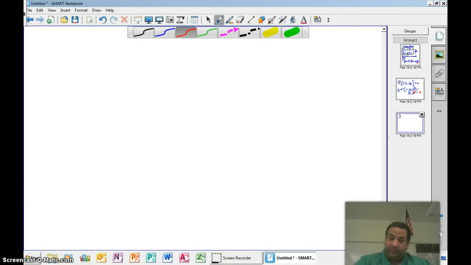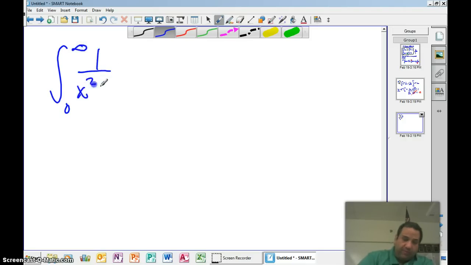Let's do another example. Let's do the integral from 0 to infinity of 1 over x squared plus 1, dx. You're going to love this one.